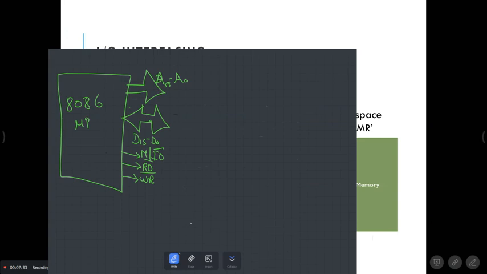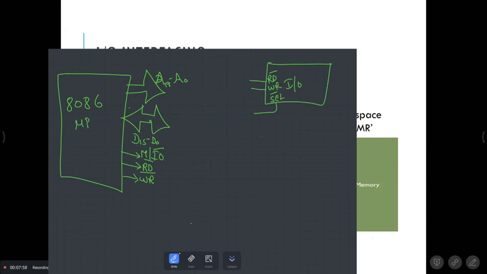This much is enough to represent your input-output devices. Try to understand this. Now you have an IO device here. I will consider this as an IO device, and this IO device has got a select pin, and also it has got a read pin and a write pin.